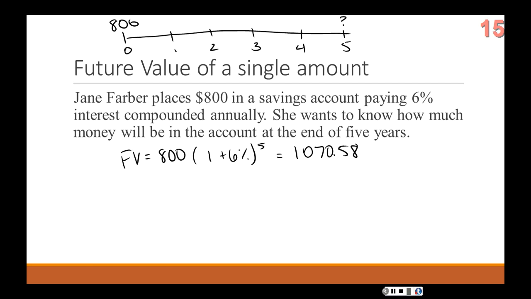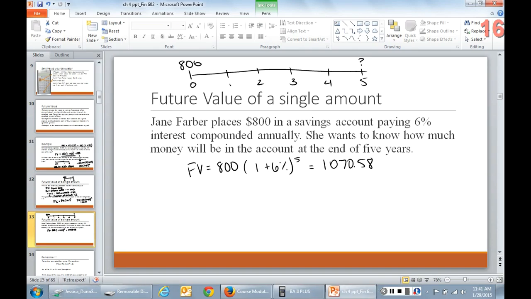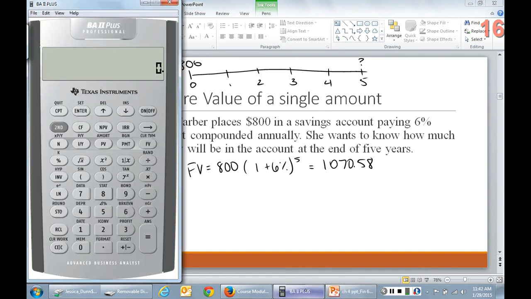Instead of using the formulas, which, as we go on throughout this course, are going to get more and more complicated, we can use our calculator. That's the whole purpose of having a financial calculator. Remember, we have those buttons on the third row, or if you have a graphing calculator, you go through your TVM solver and you can access those.